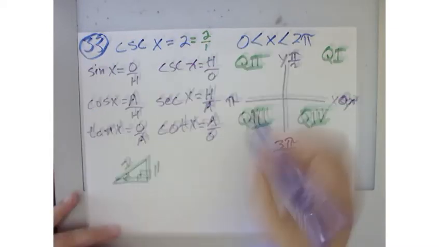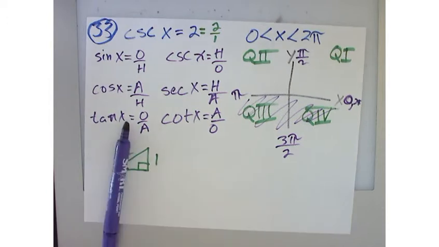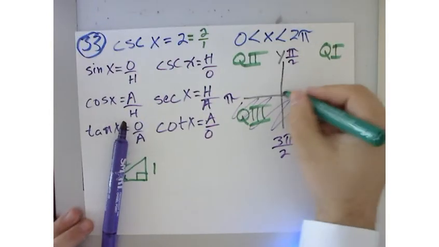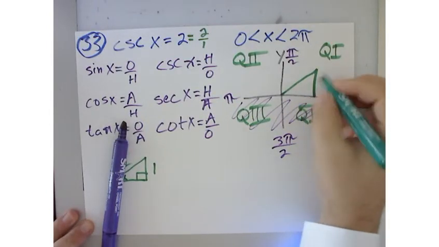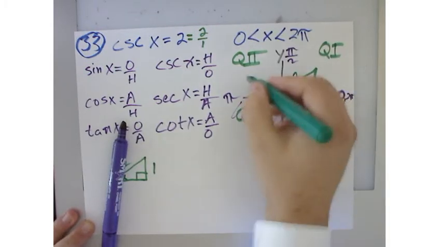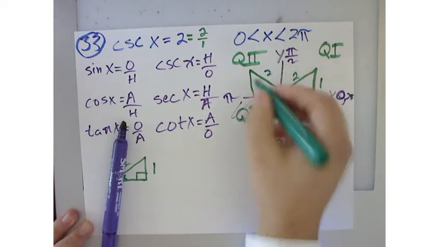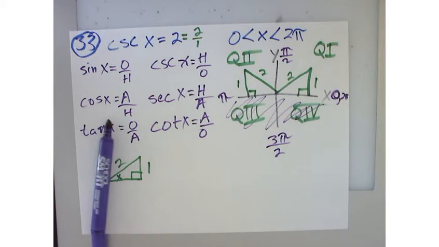I'm totally ignoring these. So what I have then is 2 triangles. I have this triangle here, which will have a radius of 2 and a y value of 1, and then I have another triangle here, which will also have a radius of 2 and a y value of 1. The other 2 triangles we could care less about.